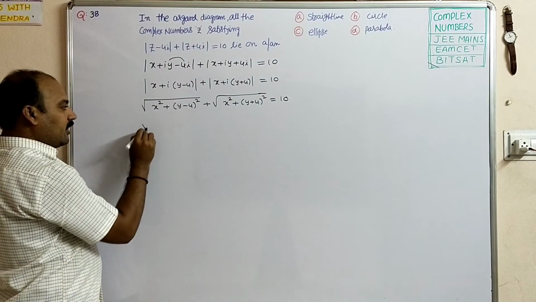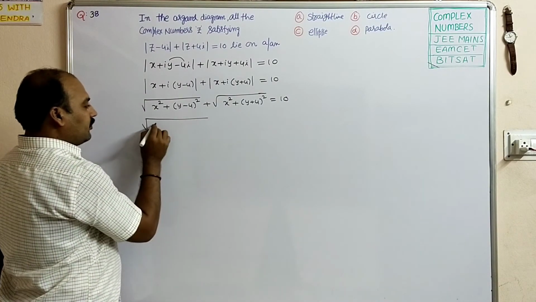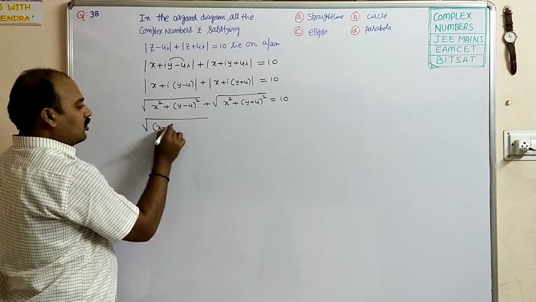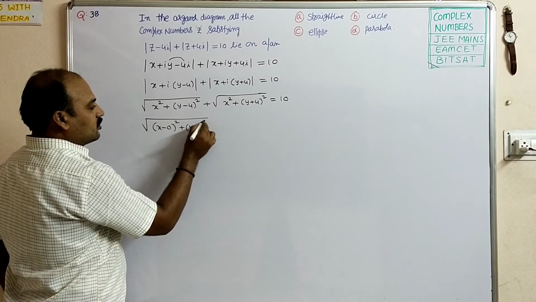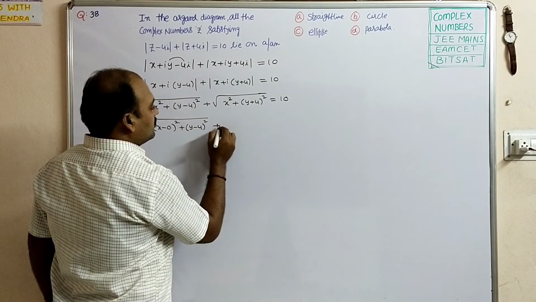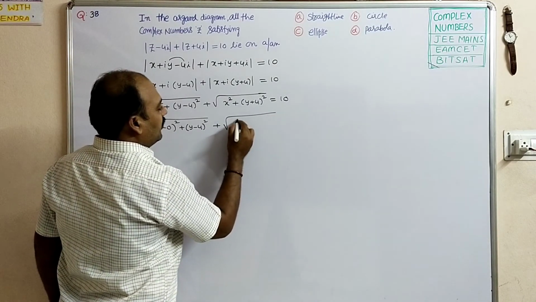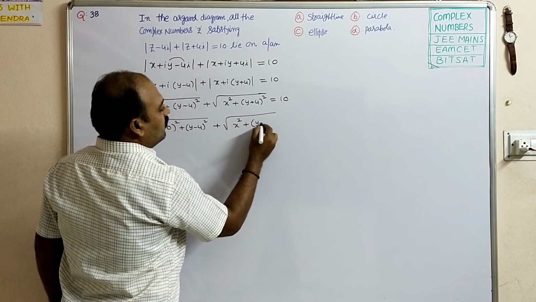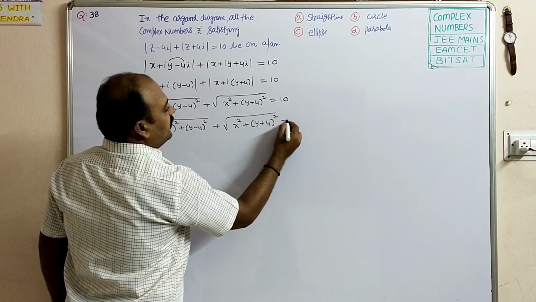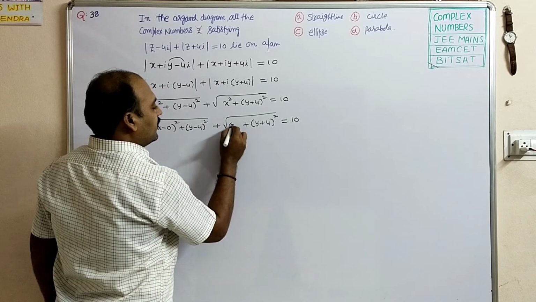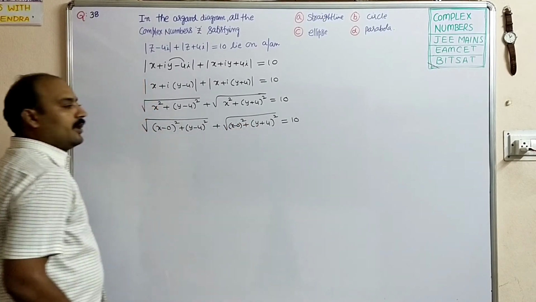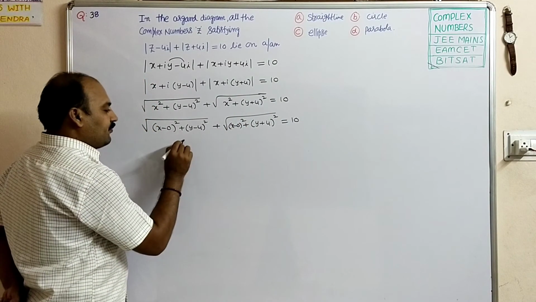This also can be written as square root of x minus 0 whole square plus y minus 4 whole square plus square root of x square plus y plus 4 whole square is equal to 10. Even x square also can be written as x minus 0 whole square.